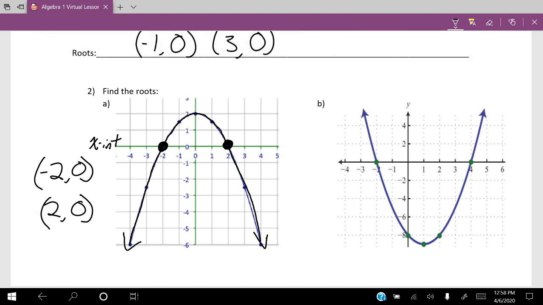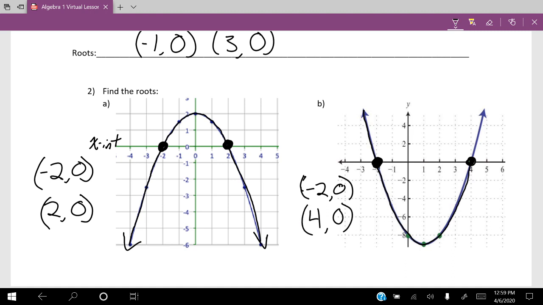Okay, now I'm going to do the same thing for 2b. If you haven't done 2b yet, pause it. I'm going to trace it the same way, and anytime I hit the x-intercept, or the x-axis, I'm going to stop and record that. So negative 2 comma 0, and I'm going to keep going to 4 comma 0.